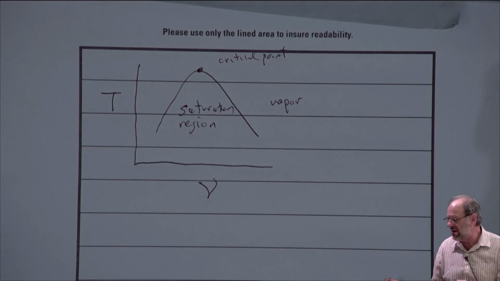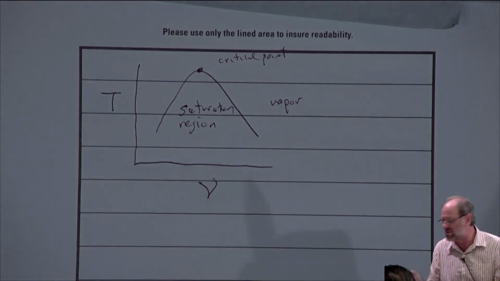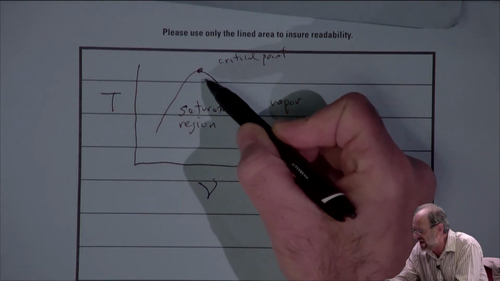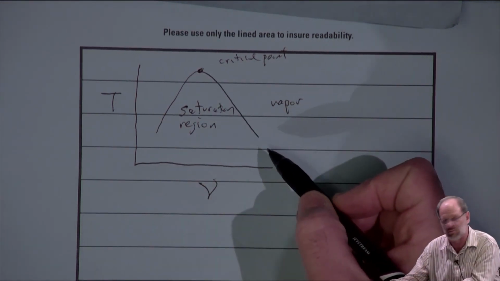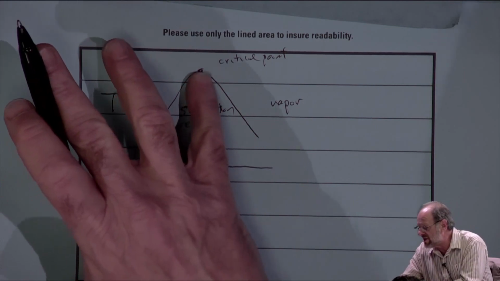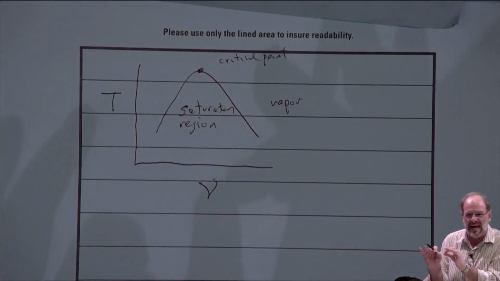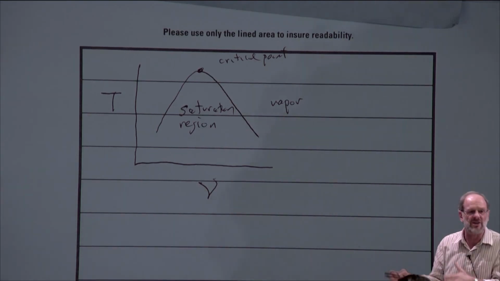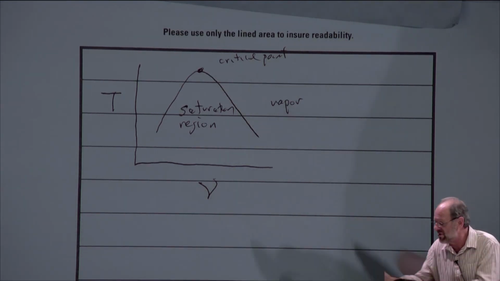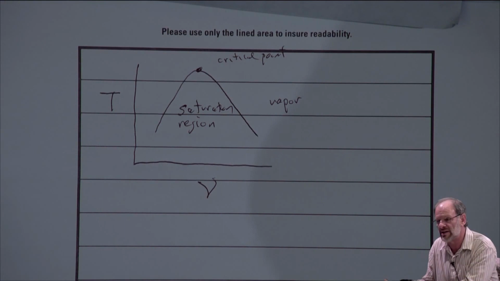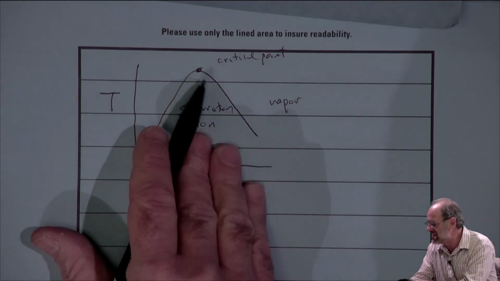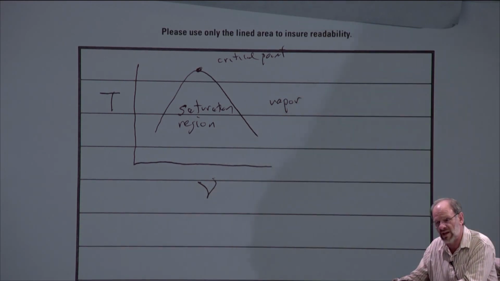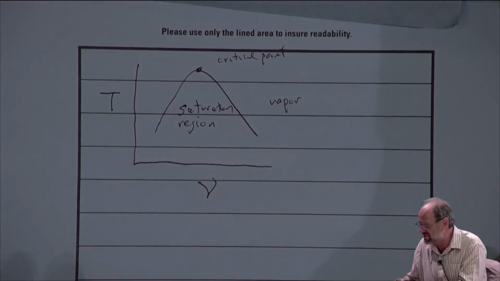Now, actually, we have two different words to describe vapor. If we're right on this line, that is, if we're still right on the vaporization line, but we're all vapor, in other words, the last drop of water has finally turned into a vapor, but we're still at 100 degrees Celsius at standard atmospheric pressure, well, that's what this line represents. So in order to make a distinction between that line, which is a vapor, and anything to the right of that line, which is also a vapor, we give it a special name.